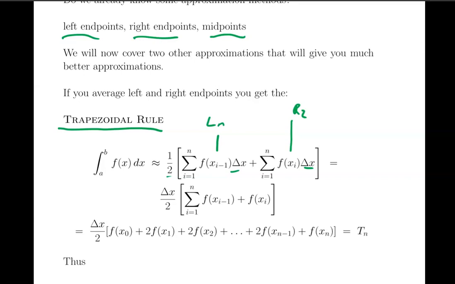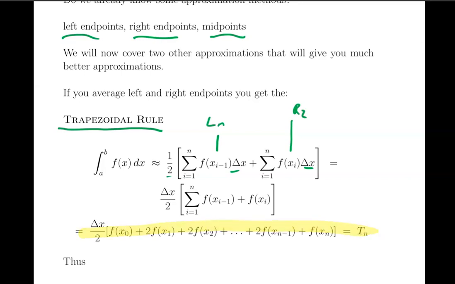Now, notice that the left endpoints start with 0 and go to n minus 1, and the right start with 1 and go to n. So if we're looking down here at the formula, let me highlight this. This is what I'm talking about right now.